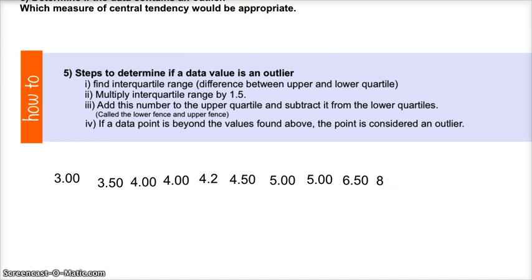Start by finding median, which is the middle. So cross those off, cross these off, keep going until we find the middle. So the median is going to be right in here.